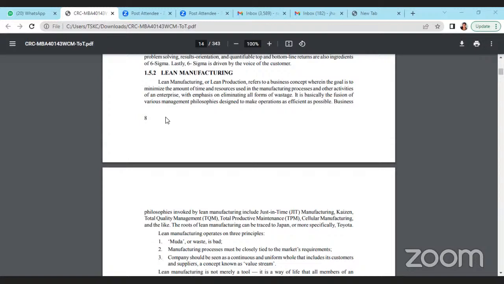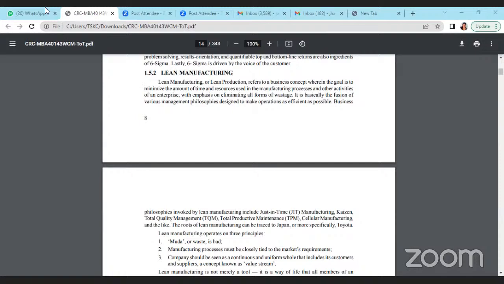So they try to minimize the time and the resources being used for any manufacturing unit. That is the main motive of this concept.